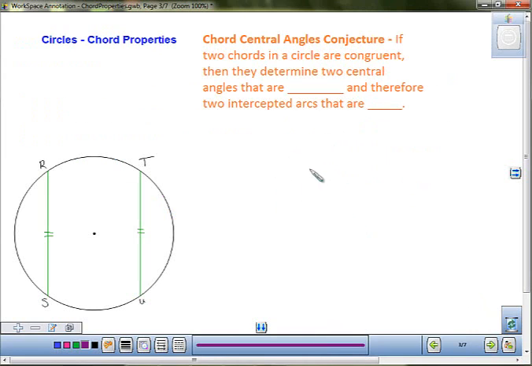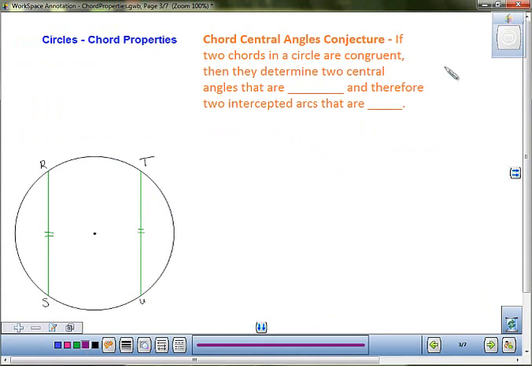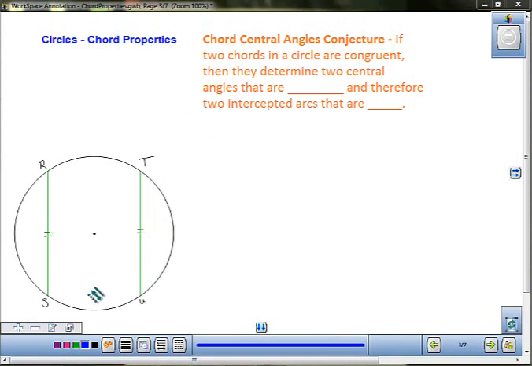Okay, you also need to know the chord central angle conjecture. It states that if two chords in a circle are congruent, then they determine two central angles that are blank and therefore two intercepted arcs that are blank. So we have two congruent chords. What we want to do is draw two central angles from these chords.